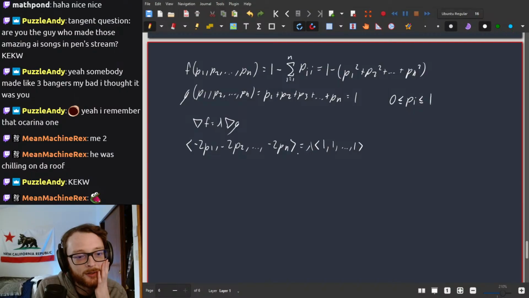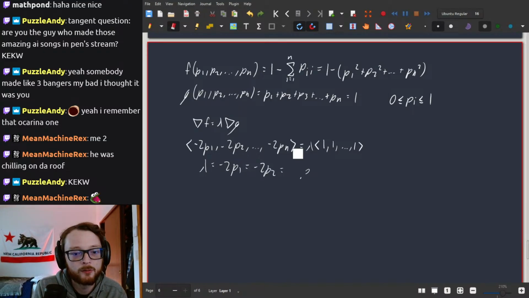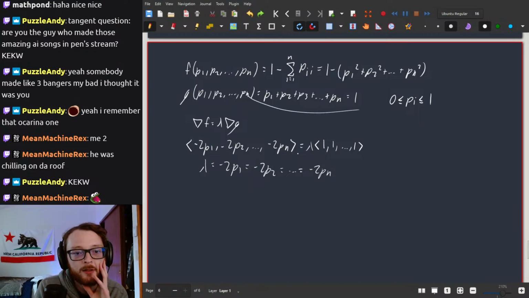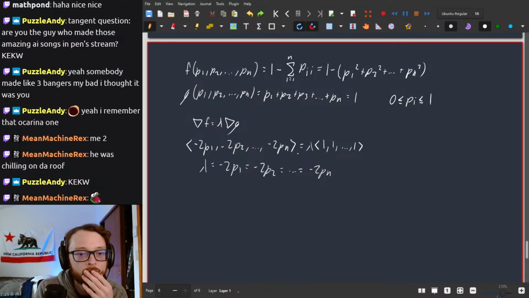And what do we get here? We want to get, okay, so we know that lambda equals minus 2p1 equals minus 2p2 equals ... equals minus 2pn from these equations. So if we plug it in this equation, is this going to turn out right?